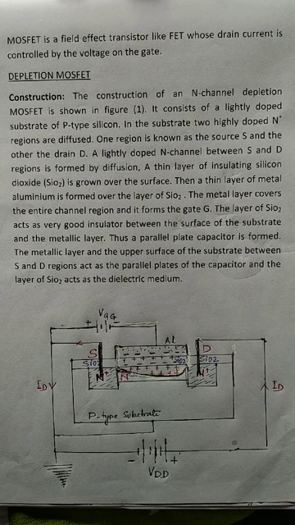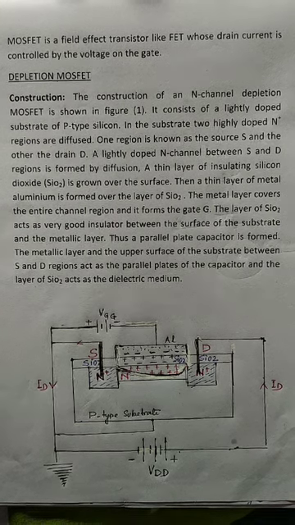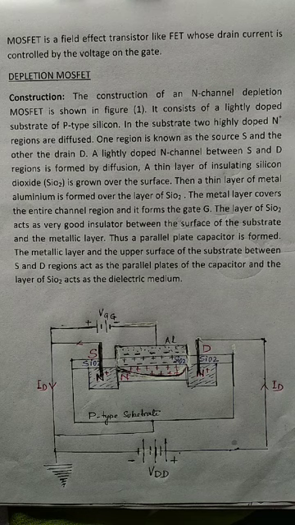So, as I said to you, MOSFET is a field effect transistor like FET, whose drain current is controlled by the voltage on the gate. Recall BJT. BJT is a current control device.